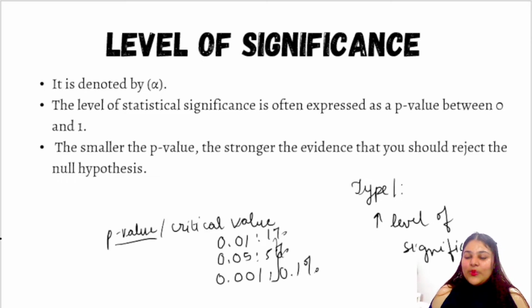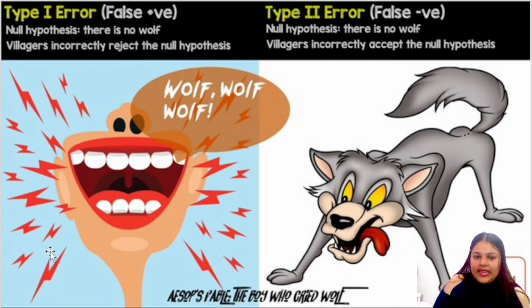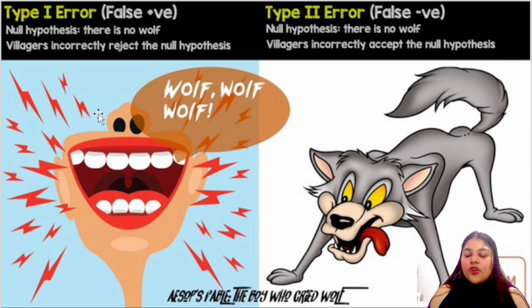Now what did we do in the first example? I made a false positive. There was actually no wolf, but I said yes, there was a wolf. If the investigators or the people of the village were more vigilant, or did not make that much of an error, then obviously my investigation for the wolf could have been done rightly.